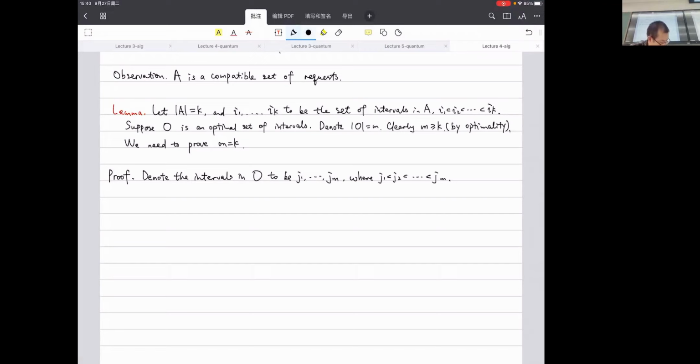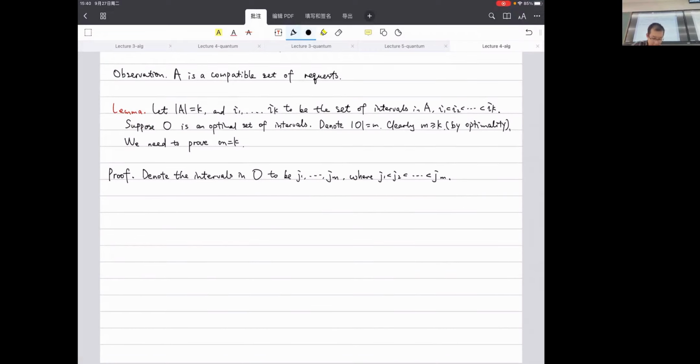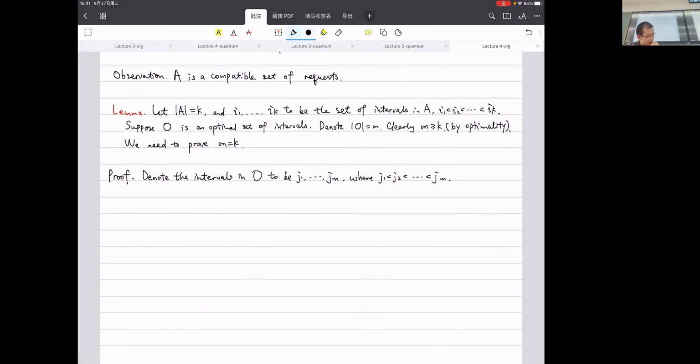This is just a notation thing. So basically we want to give some proof here. We want to prove that our strategy is actually working correctly.